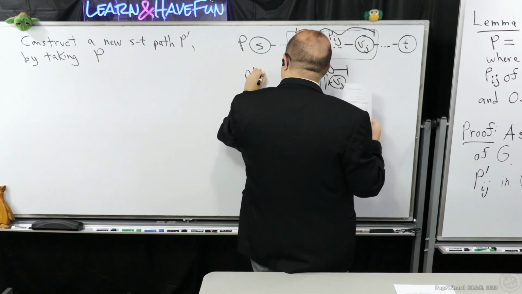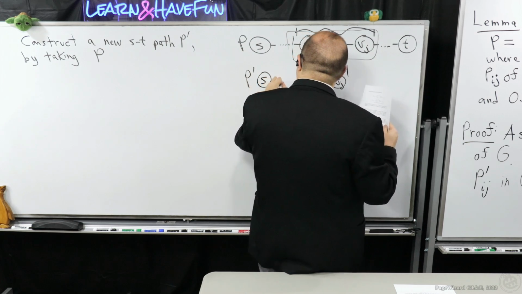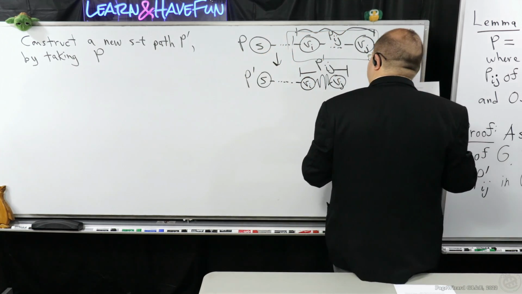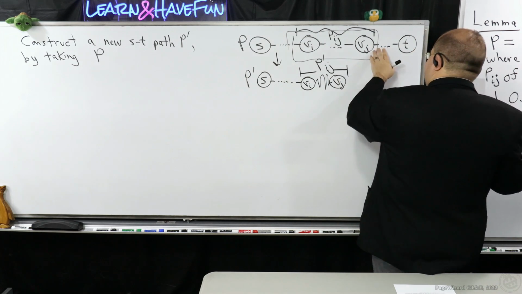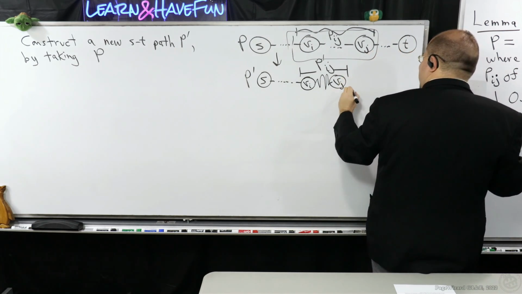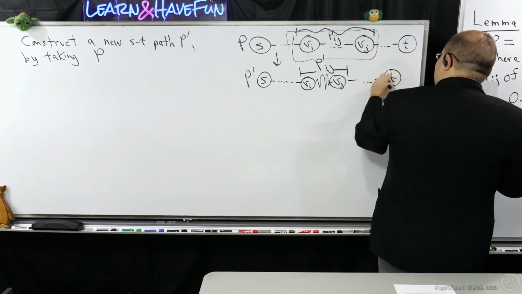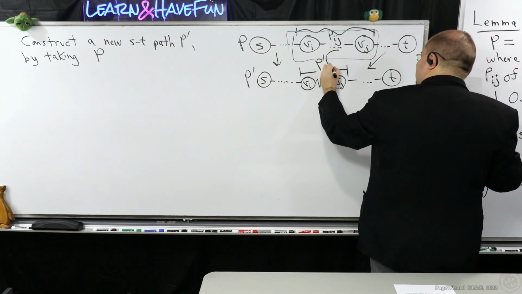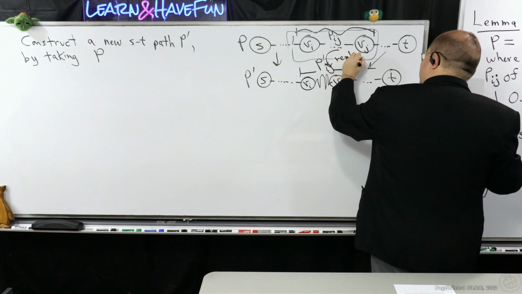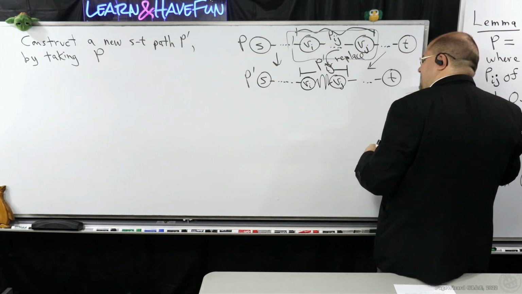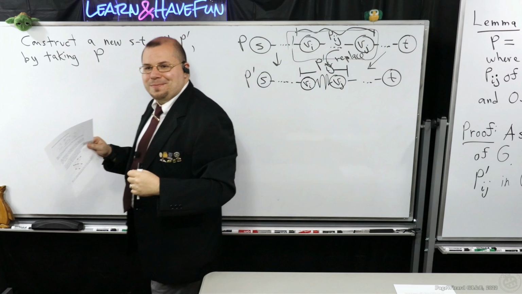So P prime is just going to be the path from S to Vi that I had up here. I'm going to take that part, put that there. I'm going to take this path from Vj to T, and put that here. And then I'm just going to replace this guy with this. And I get P prime.